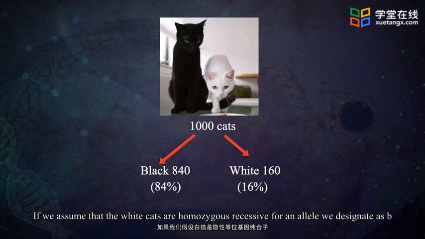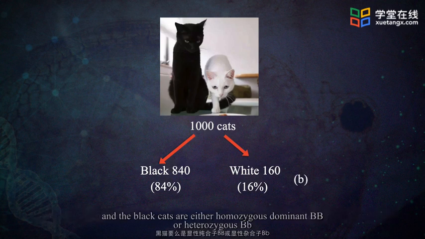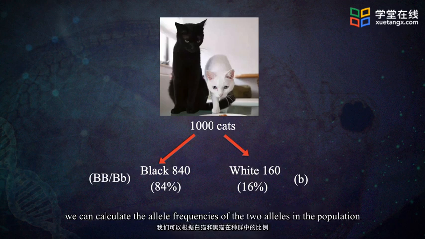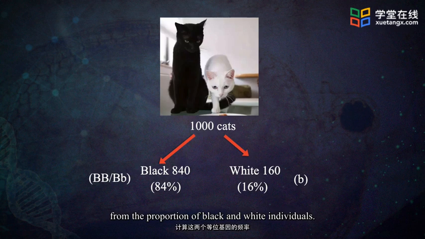If we assume that the white cats are homozygous recessive for an allele we designate as lowercase b, and the black cats are either homozygous dominant, that's BB, both uppercase, or heterozygous, upper and lowercase b, we can calculate the allele frequencies of the two alleles in the population from the proportion of black and white individuals.